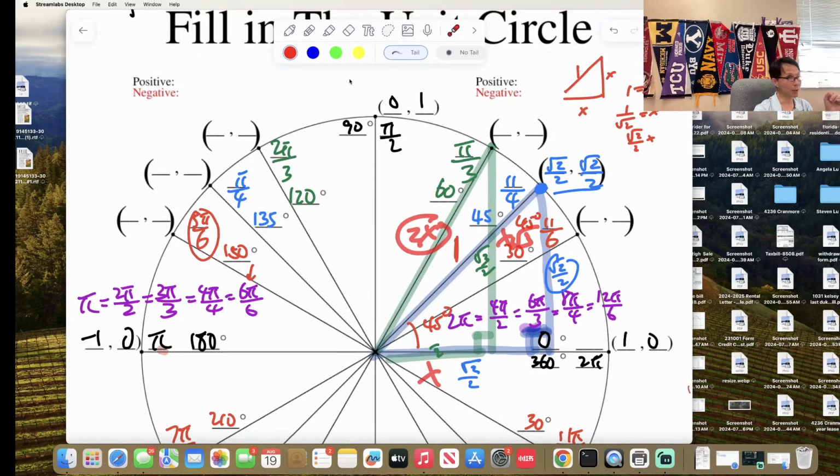Now, 2x in this case is equal to what? 1. So x must be what? 1 over 2. And this is going to be 1/2 times square root 3, so it'll be square root 3 over 2. So this is 1/2 and square root 3 over 2. Does that make sense? It did not just come from nowhere, it's coming from somewhere, right?